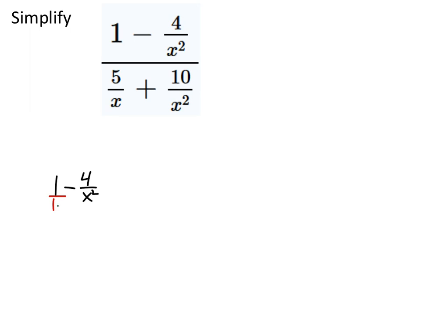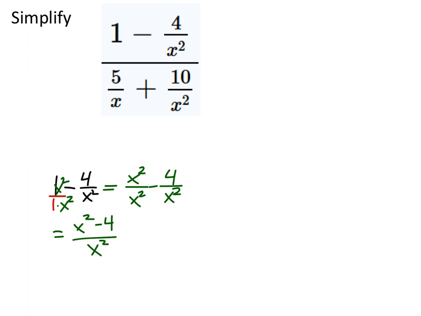So I'm going to multiply my first term there by x squared in both the numerator and denominator to make the common denominators of x squared. And now this gives me x squared over x squared minus 4 over x squared, which really just gives us one final fraction, x squared minus 4 over x squared.